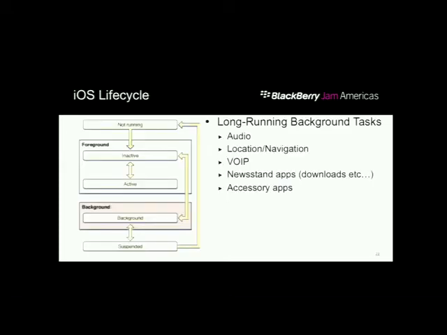The iOS lifecycle, in terms of your running applications, is actually pretty similar. One of the key differences right now, which you don't have on BlackBerry 10, is these long-running background tasks, which are headless processes. This is something that's going to be coming onto the BlackBerry 10 platform post-launch, hopefully shortly post-launch, but it's not going to be available at launch.